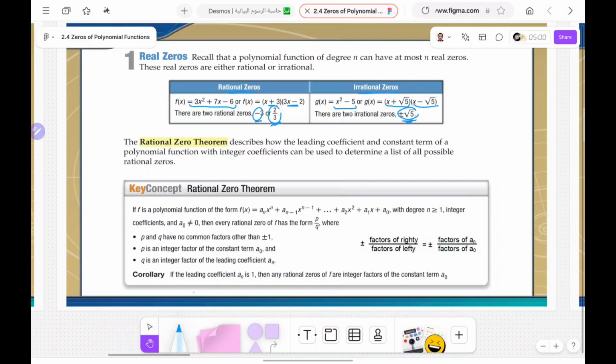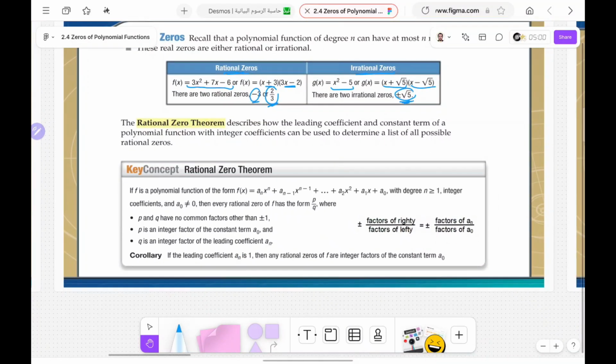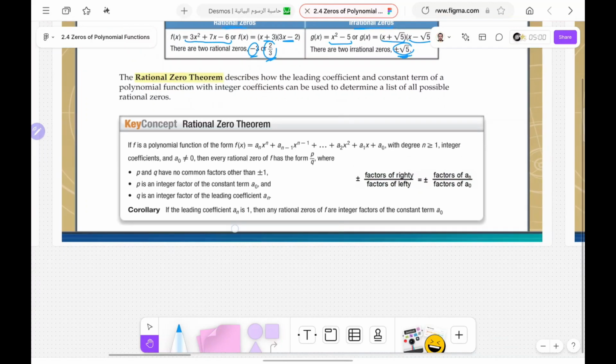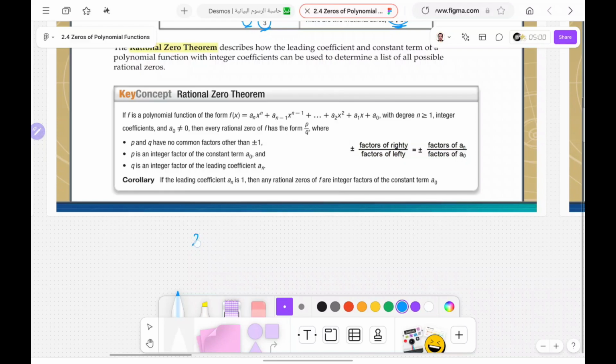Now the important part of this lesson is to find what the zeros are. What's the big difference between the 2.3 lesson and the 2.4 lesson? In 2.3, the example gives you 2x cubed plus 2x squared minus 3x plus 1, and the question asks: is x minus 1 a factor?